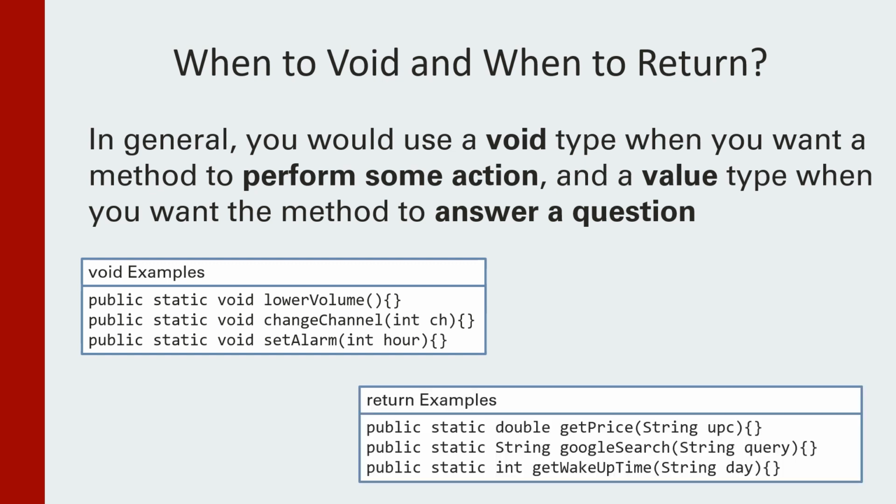On the other hand, let's say that you want the radio, maybe your little home device, to give you some prices of the current stock. So maybe you have a double getPrice, and then you can put in the current stock code in there to get the price of it.